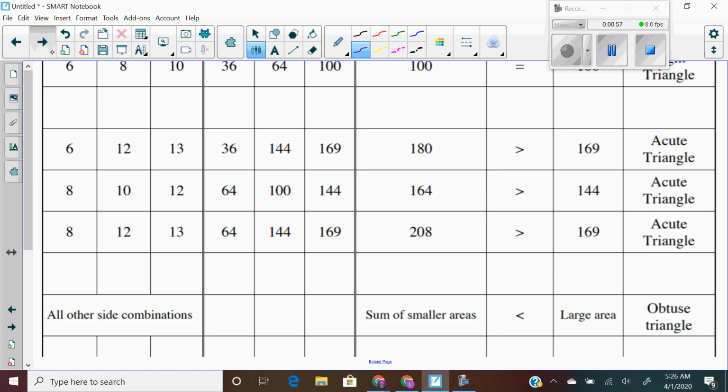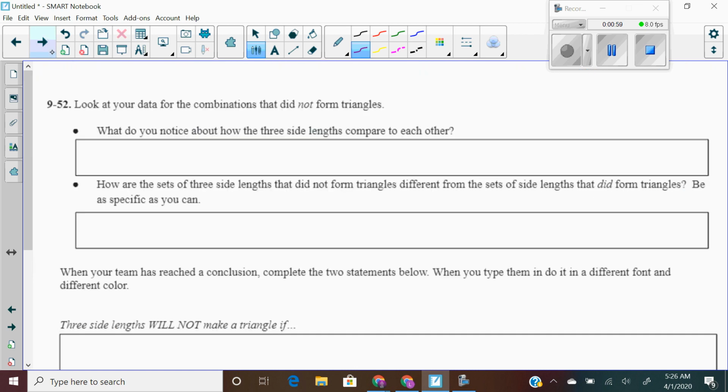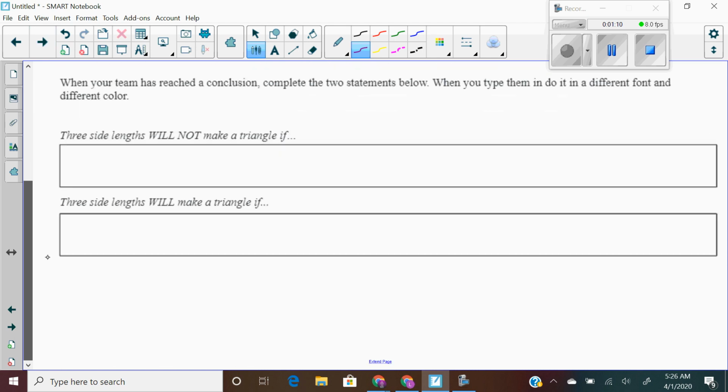So then it said, okay, make these observations. What do you notice about the three side lengths compared to each other that did not form a triangle? I'm not going to type this part in, but the important part down here is the conjecture. So it says to complete the two statements. This first one, I'm just going to type in.